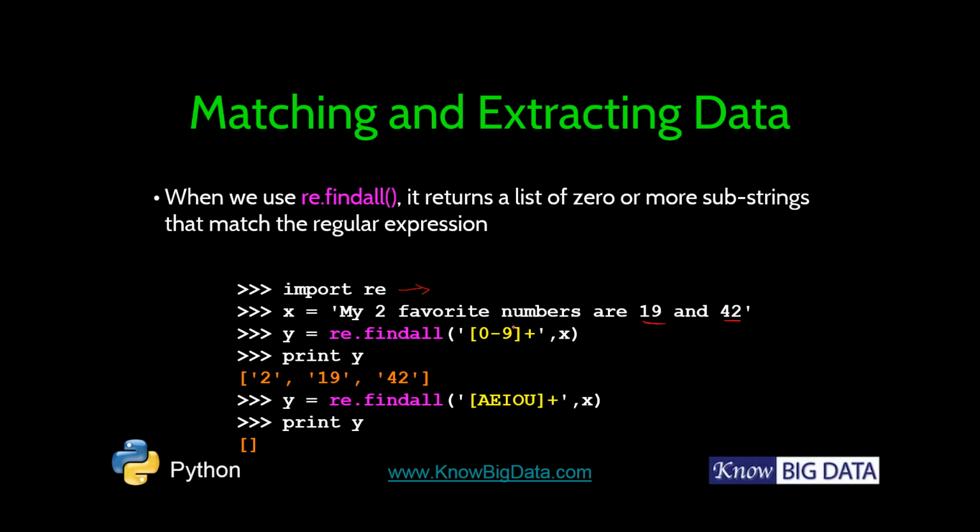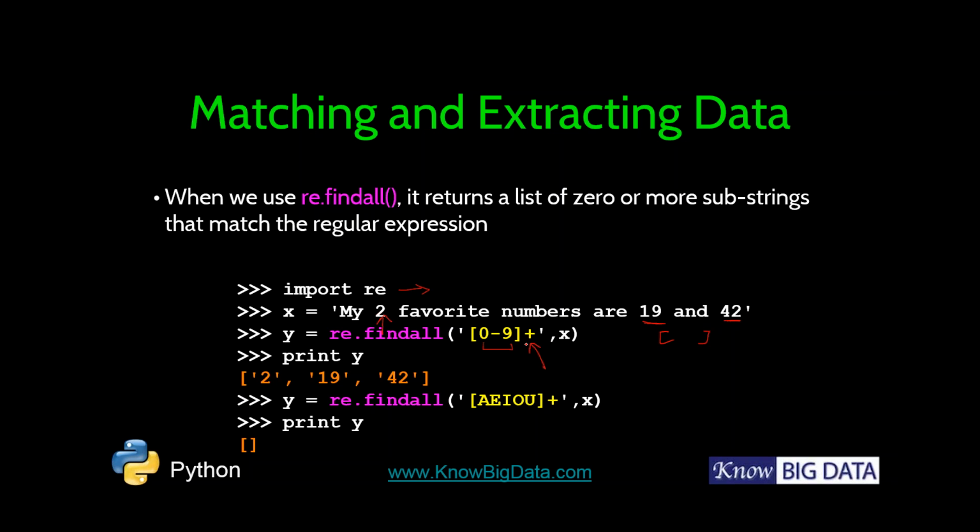We have already seen this in the last session, so I'll just go through it quickly. 0 to 9, whatever we give inside the square brackets is going to be included. So any number from 0 to 9 is going to be matched. Here we have 2, which lies in this range, hence it is matched. And what is this plus for?